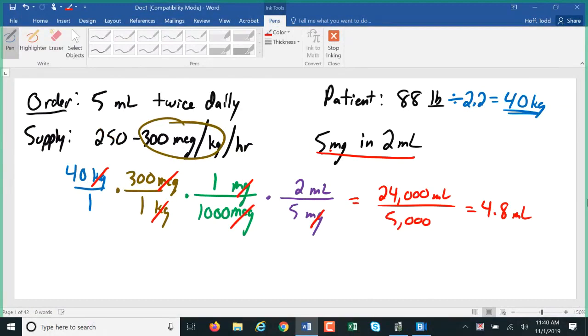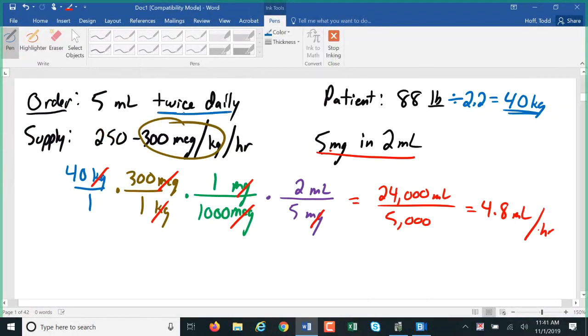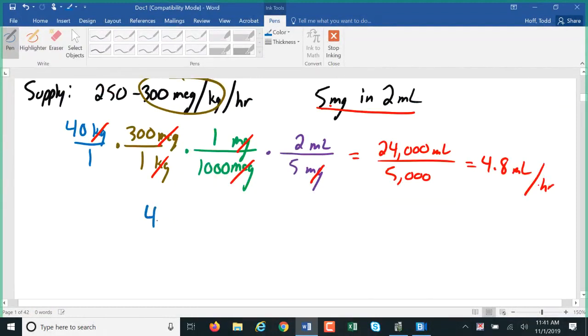What's the time limit on that? Per hour. The doctor's order, of course, is twice daily, which means 12 hours. So let's convert that 4.8 milliliters.